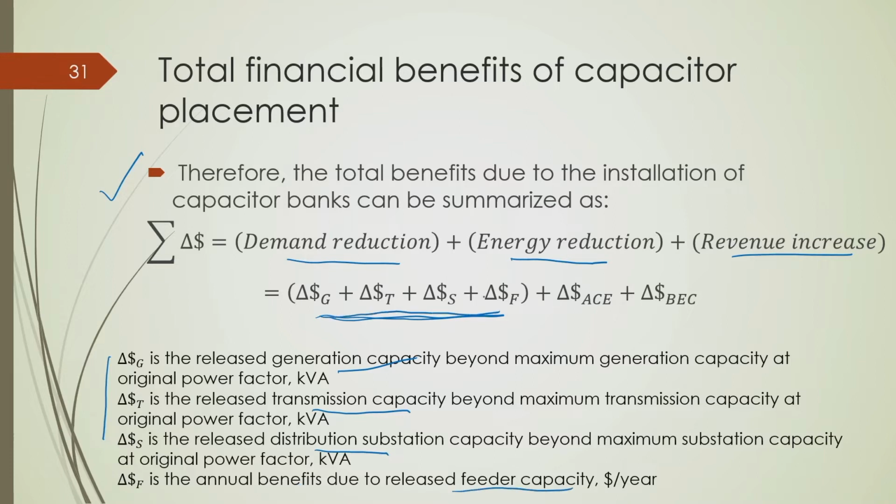So, this is the release of the capacity of each individual stakeholder. Similarly, energy reduction is another component of this objective function, and revenue increase is another component. So, this is a composite objective function, and accordingly one can optimize that objective.